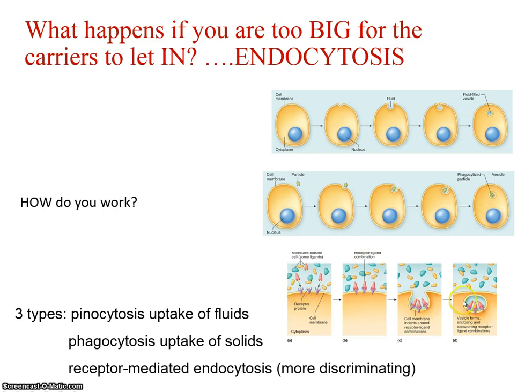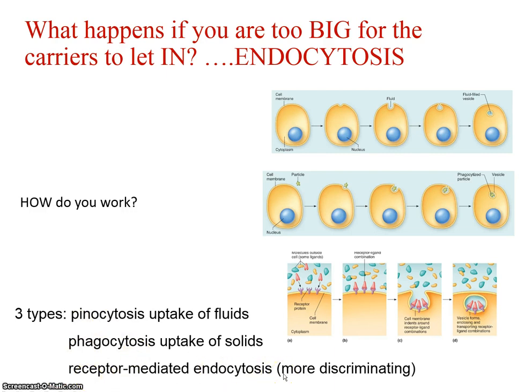In each of these situations, you basically have the cell membrane surrounding this larger molecule, or molecules, and then surrounding it entirely and actually coming together and fusing to create a vesicle. So it looks like, over time, you are eating this particle. And once it fuses, whatever the molecules are are now inside the cytoplasm. So this is a consuming, whether it's pinocytosis, phagocytosis, or receptor-mediated endocytosis.